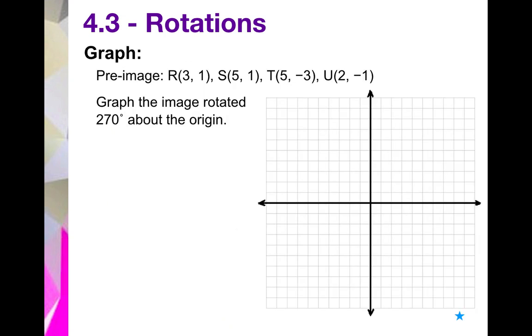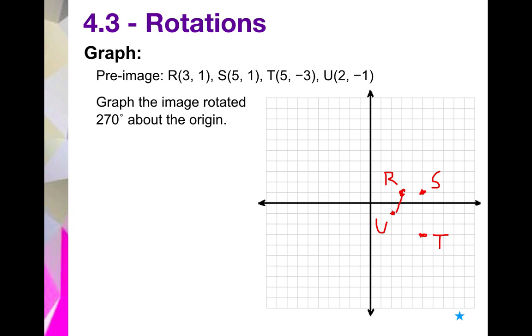Let's actually try this out. We have a pre-image where I have (3, 1), and we'll call that R. Then we have S, which is (5, 1), T, which is (5, negative 3), and U, which is (2, negative 1).